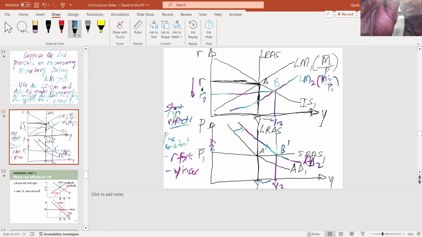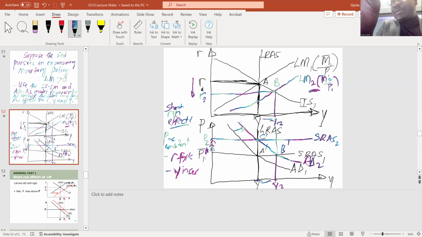And that's going to prompt the short-run aggregate supply curve to shift to this new level, SRAS2. So you can label this P2. So the economy ends up back on the long run where we started from at point C prime. But as price starts to increase, remember the LM curve is also a function of price.